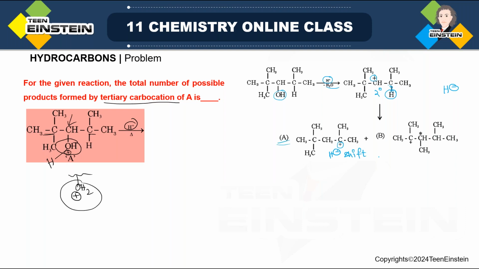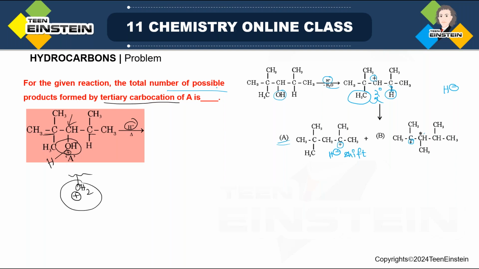Suppose this is A. Another possibility is if a methyl group is shifted from the left hand side carbon to this carbocation, in that case you will get positive charge on this left hand side carbon, isn't it? Now what is the purpose of this star sign? This is basically given to understand whether it is optically active or not, because it is asking the total number of possible products. So we also have to consider if there is any possibility for enantiomer.